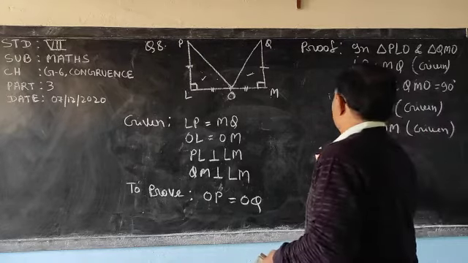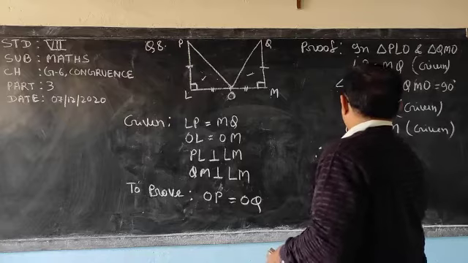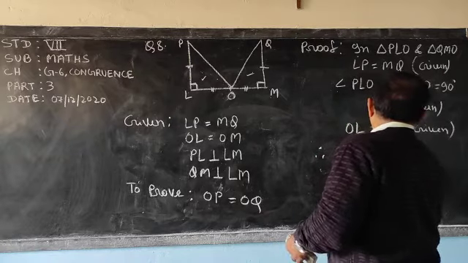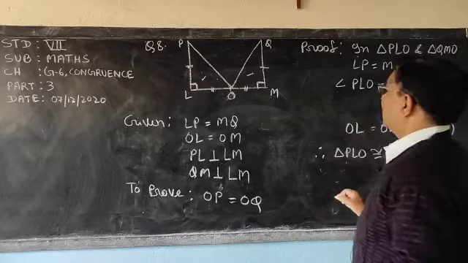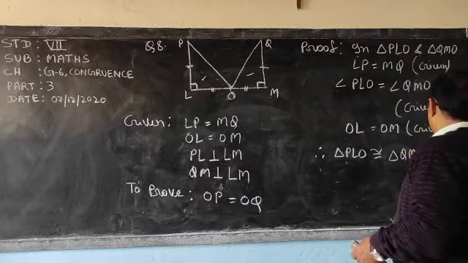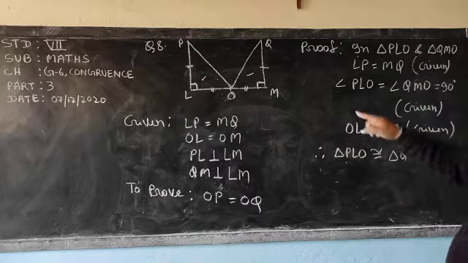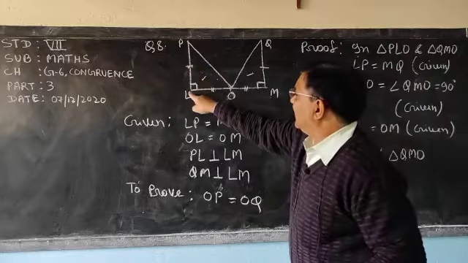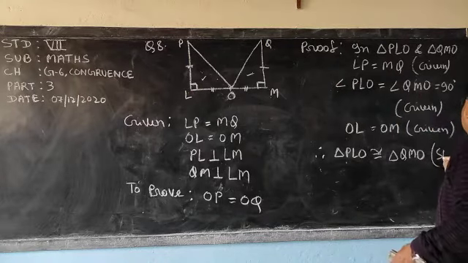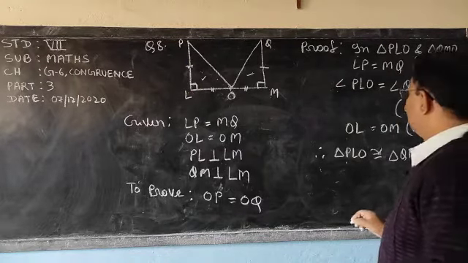Therefore triangle PLO is congruent to triangle QMO by what? Side angle side, SAS.